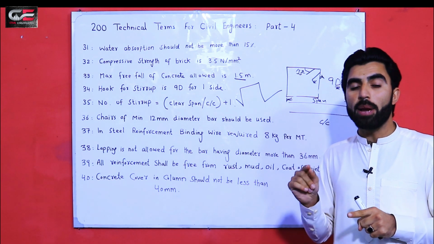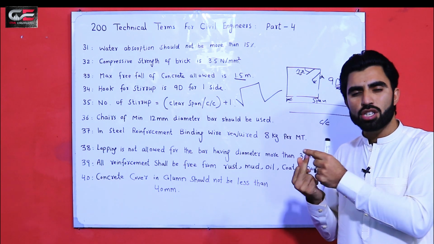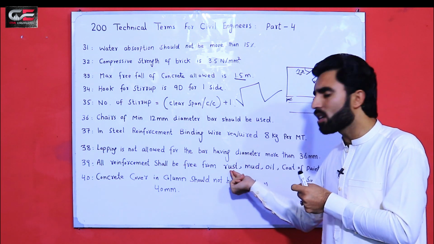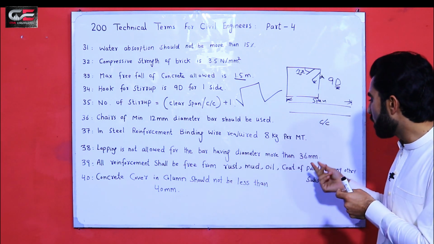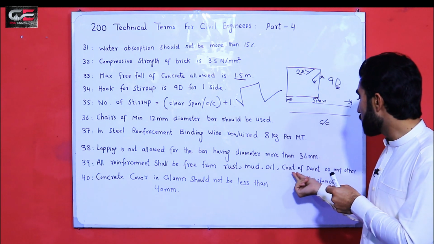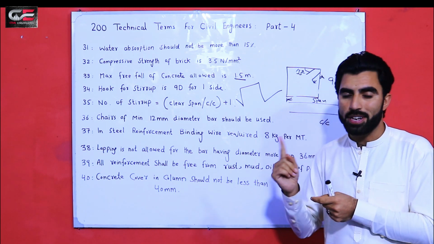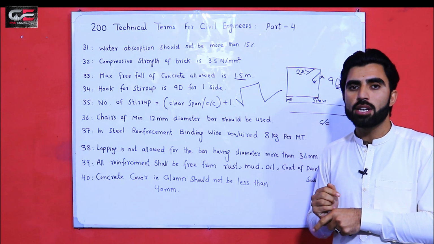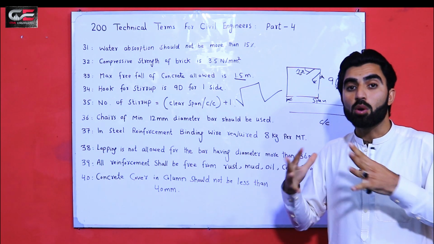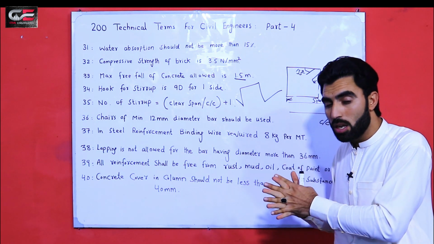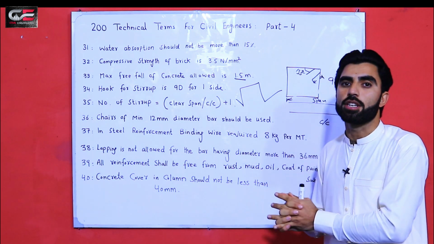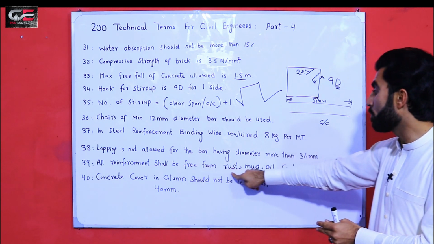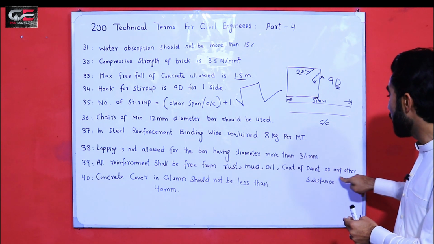The steel should be painted only at the start point and end point to protect it from rust or corrosion. Otherwise, if the steel is covered with a coat of paint, it should not be used in building construction, because it cannot make a good bond between steel bar and concrete. So all reinforcement shall be free from rust, mud, oil, coat of paint, or any other substance.